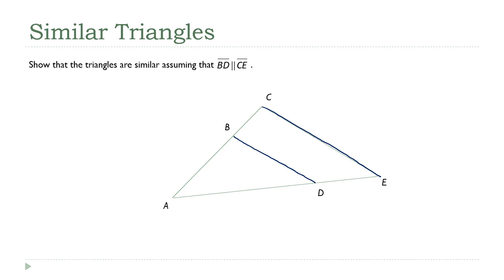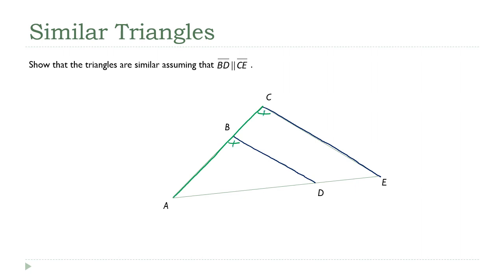So what do I know about the angles? Well, because those two lines are parallel and side AC here is a transversal, I know that this angle and this angle are corresponding angles. And corresponding angles are congruent.